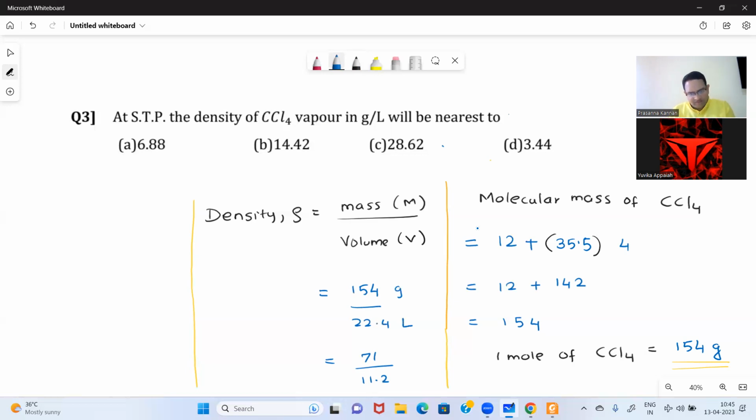See, 11 into 6 is 66, correct? 11 into 7 is 77. So the answer must be between 6 and 7. So which option? 6.8. Did you understand, Viveka? Yes, sir.